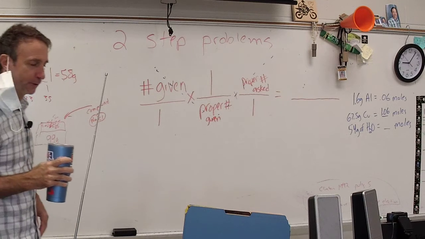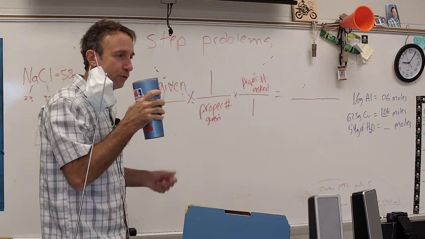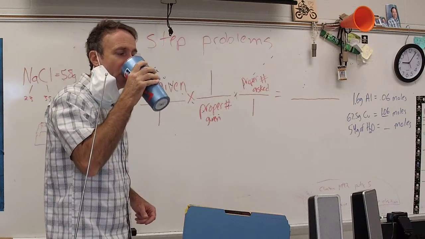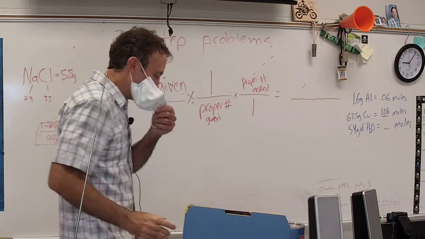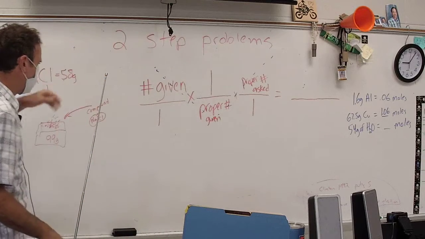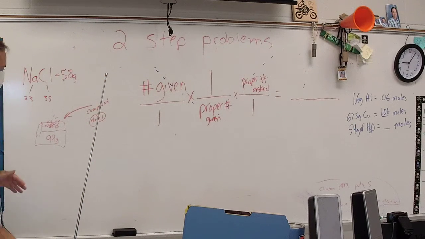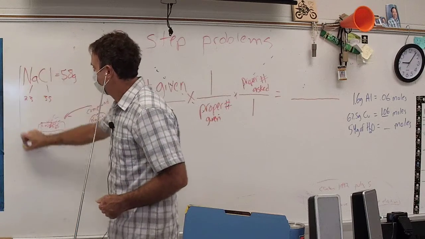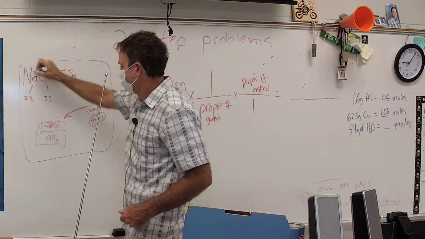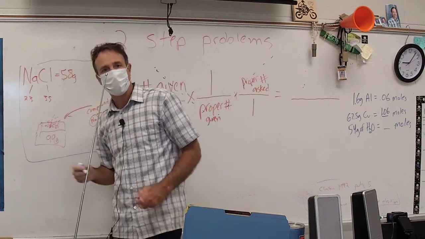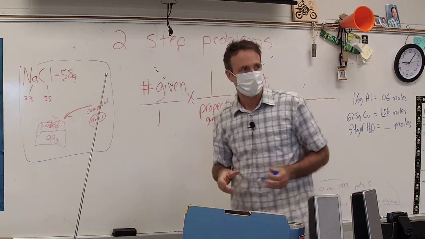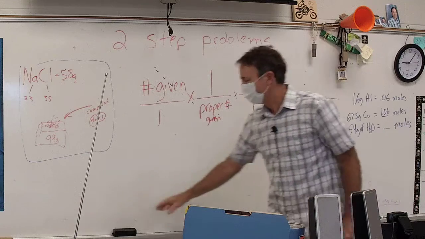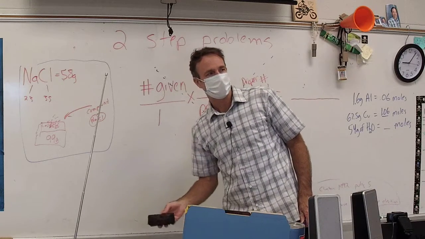All right, so assuming you have this copied, check it out. Let's look at this problem right here. I got onto a scale and I weighed some salt. It weighed 99 grams. That's the number I was given. Right? Everybody with me? In the back, you with me?